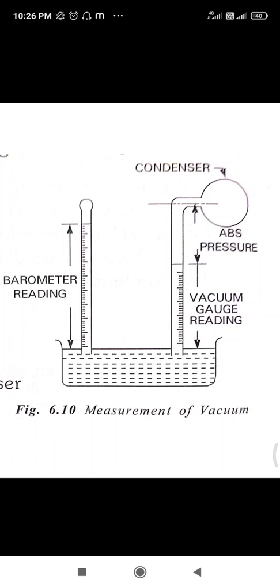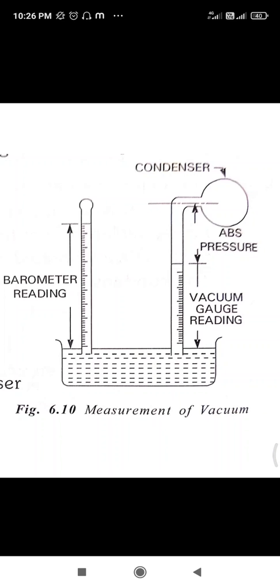Condenser efficiency indicates the effectiveness of heat exchange between the exhaust steam and cooling water. Due to the presence of air, the temperature in the condenser is less than the saturation temperature, that is, Ts corresponding to the absolute pressure in the condenser. Therefore, the outlet temperature of the cooling water is always less than the saturation temperature.